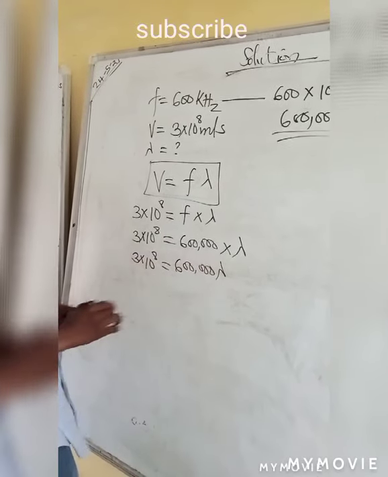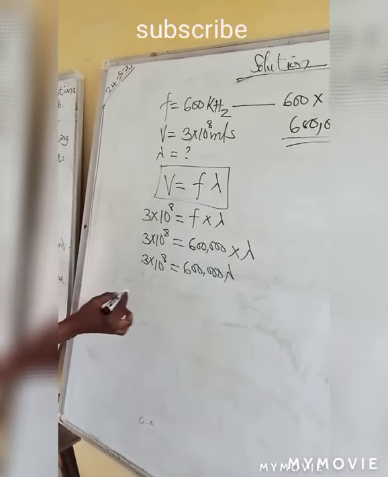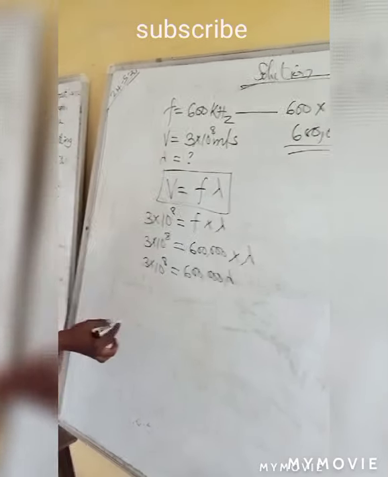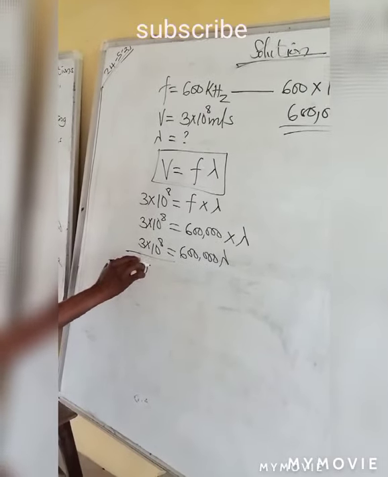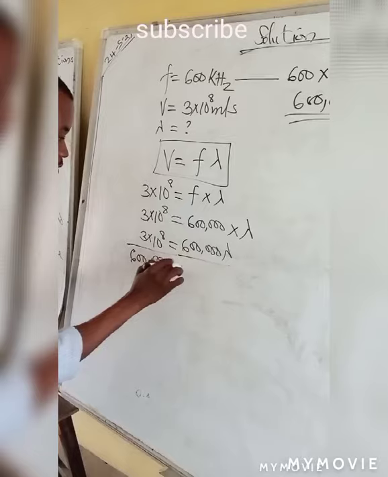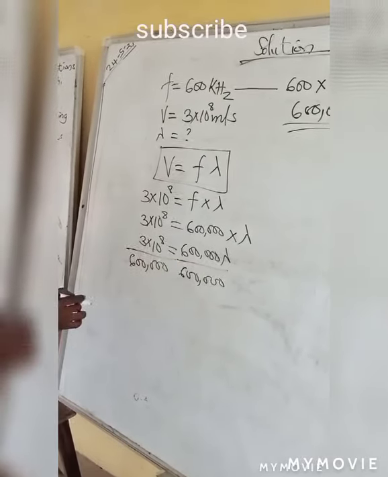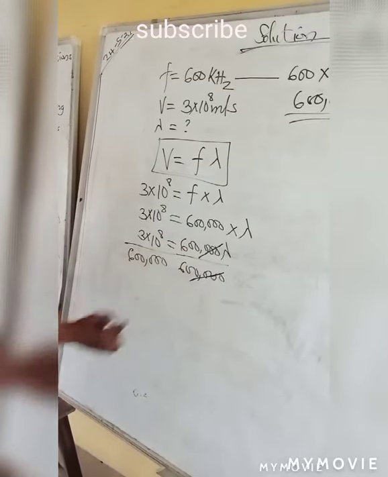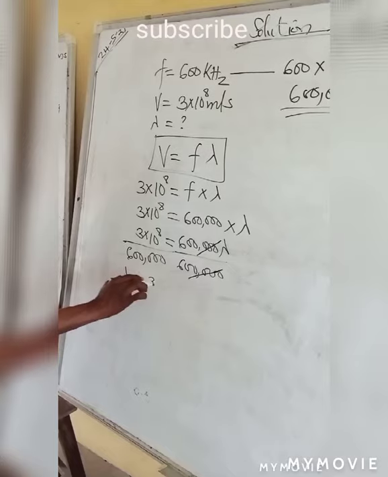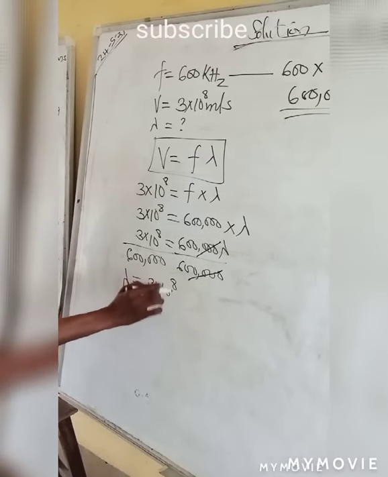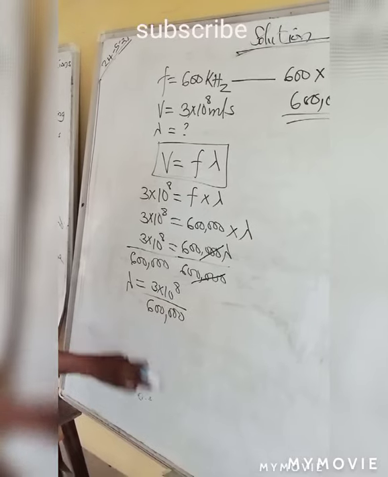Making wavelength the subject of the formula, we are going to divide both sides by 600,000. 600,000 will cancel out 600,000, and we are left with wavelength equals 3 times 10 raised to the power 8 all over 600,000.